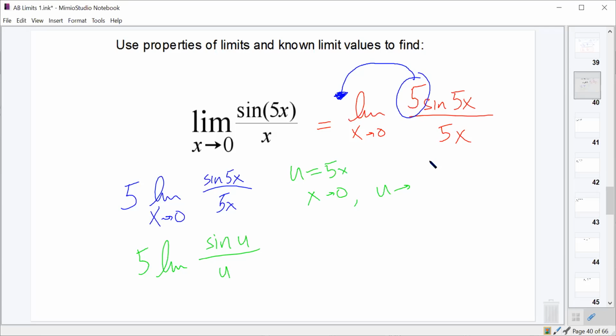Also 0. So this could be rewritten as 5 times the limit as U approaches 0 of sine U over U. And this piece right here ought to just equal 1. So we have 5 times 1, or 5. Good or no?